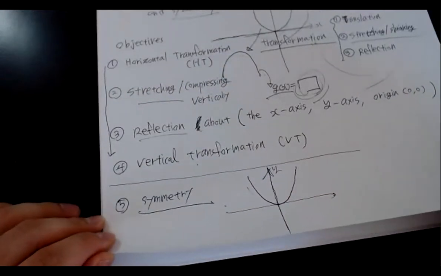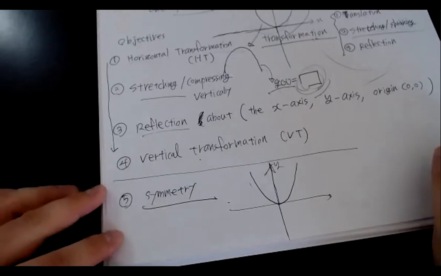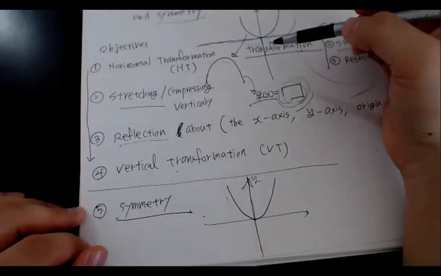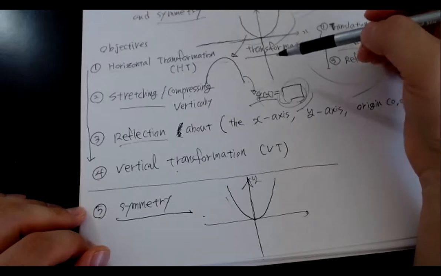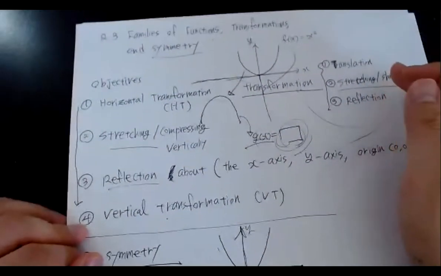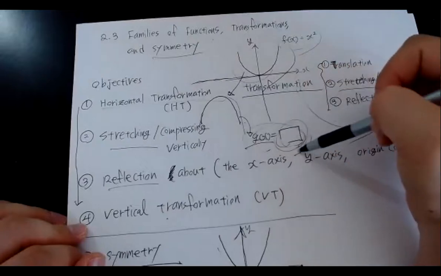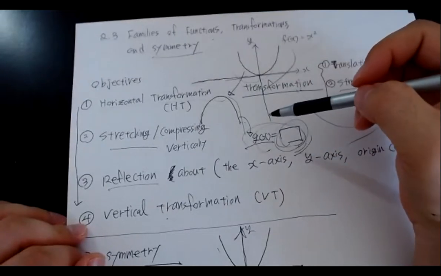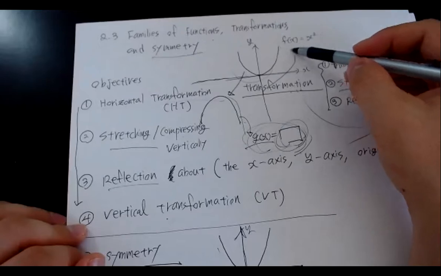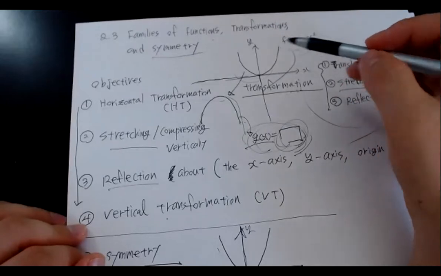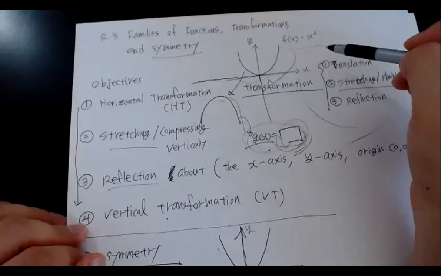Now, all of the functions obtained by transformation are called a family of functions. In this case, if you get the equation g of x by applying transformations to the square function, then these are families of functions, square functions.